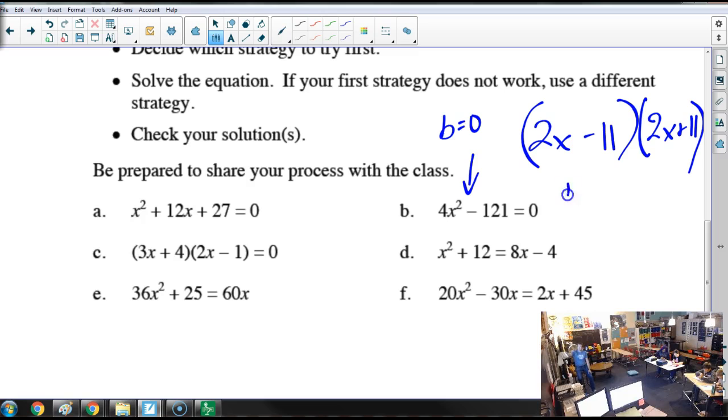But what that means is your solutions should be positive or negative 11 halves. I'm not asking you to solve it manually. I'm saying using your quadratic formula, you should get positive or negative 11 halves, which is 5 1/2.